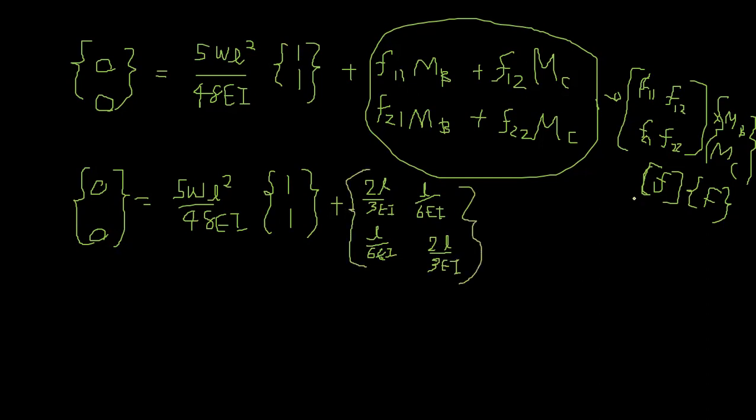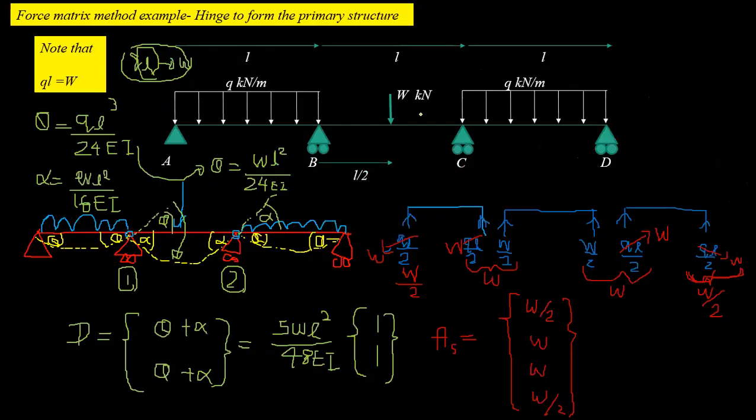One last thing. This is anyway a symmetric structure, right? Load is at the middle. Everything, the geometry, is symmetric. So what can you say about MB and MC? MB and MC are equal, right? For this case, if this W is somewhere here, MB would be different from MC, right? It's not symmetrical.